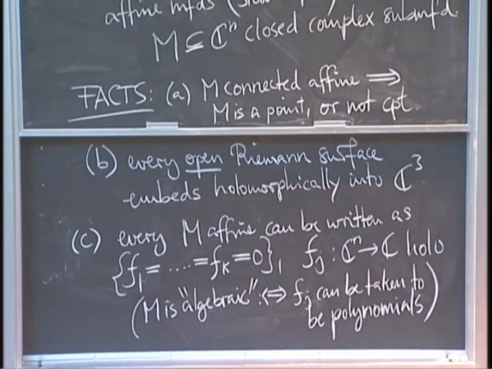So the last fact is something that I was trying to get you to prove as part of the homework yesterday, which is that affine manifolds are minimal surfaces in Euclidean space necessarily.